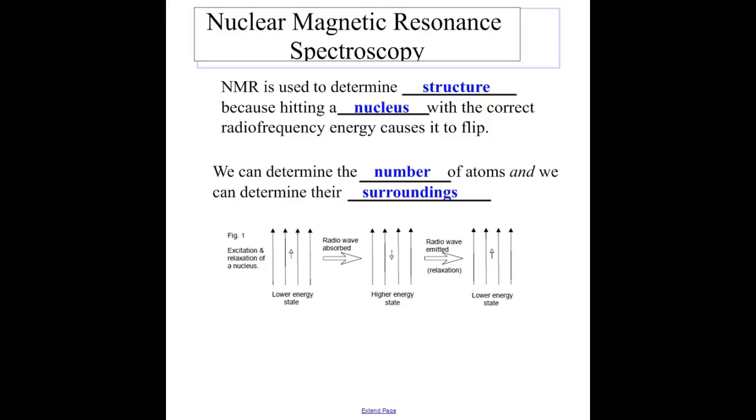And then as it relaxes back to the original state, the same amount of energy is given off. And that is what's detected by the detector, the same way we can measure light given off in a gas discharge tube. The thing that makes it unique is that every hydrogen's surroundings impact what frequency causes that jump.